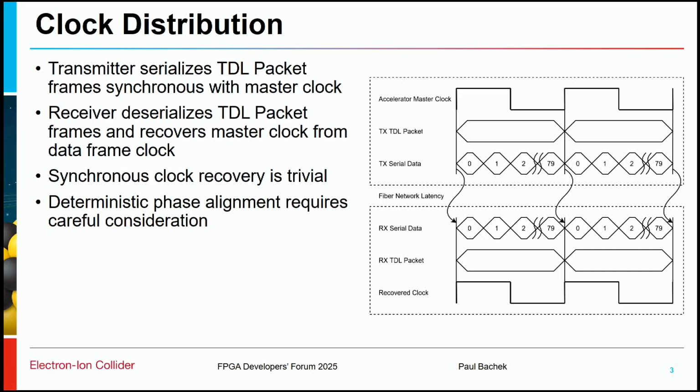The transmitter has to serialize the data so that the first transmitted bit coincides with the rising edge of the master clock, and then the job of the receiver is to deserialize the data and extract the recovered clock in a phase deterministic manner, which can be done, but it requires some careful configuration of the transceiver to make sure that the phase of the recovered clock is deterministic across resets and bringing up and losing a link and reconnecting.